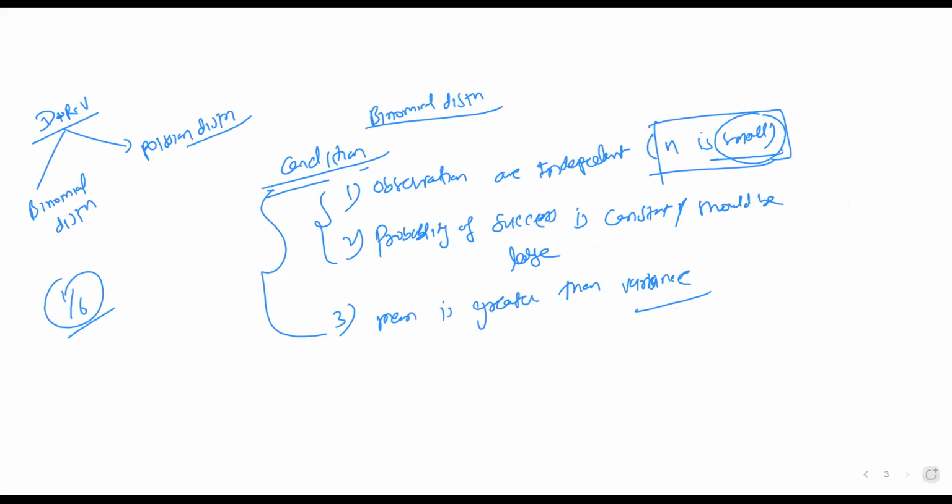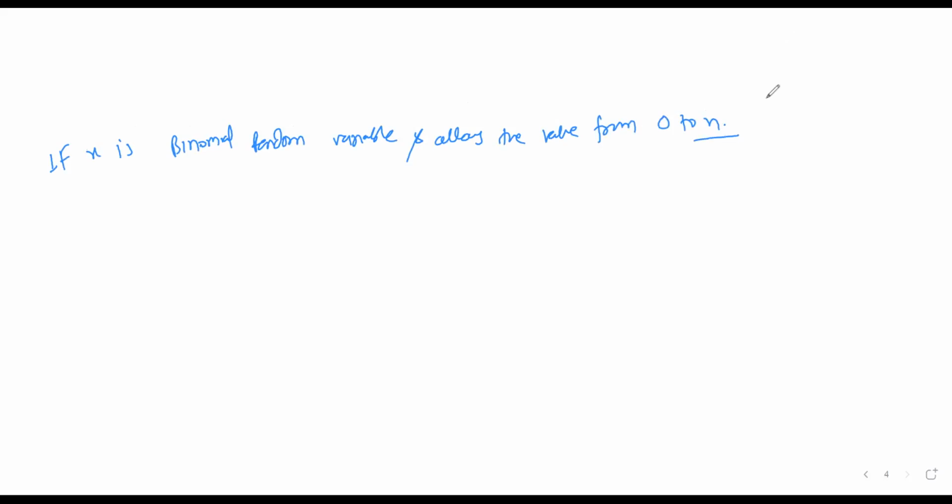You remember that. Now the definition of the binomial distribution: X is said to be a binomial random variable, which takes values from 0 to n with parameters n comma p.